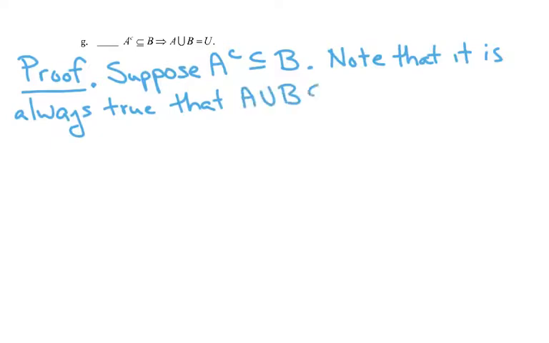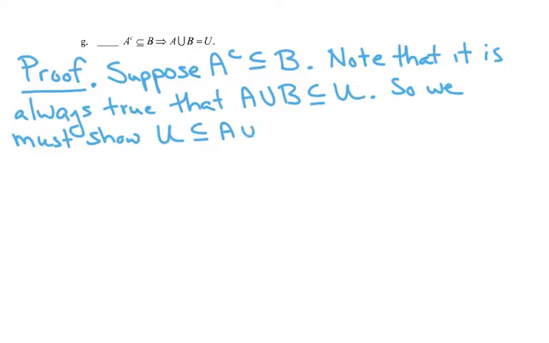A union B is always a subset of the universal set, right? So we need to show that the universal set is a subset of A union B under this condition, of course.